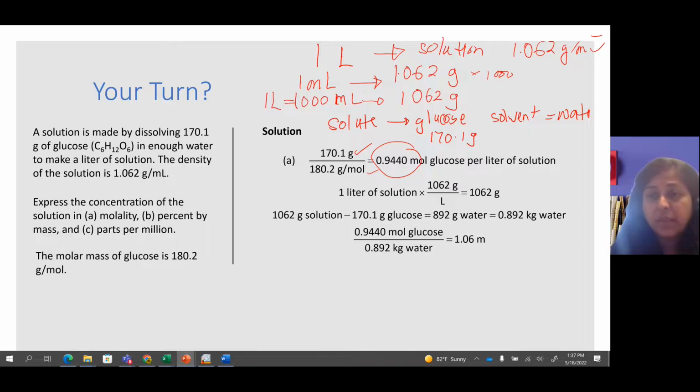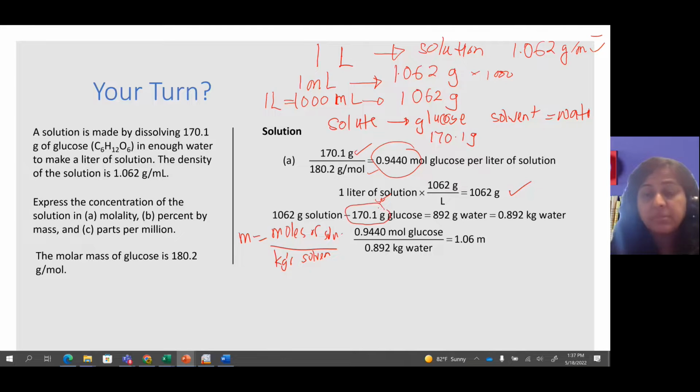We already calculated that 1 liter of the solution weighs 1062 grams. This solution contains glucose and water both. But molality equals moles of the solute divided by the kilograms of the solvent, so we need only the mass of the solvent.